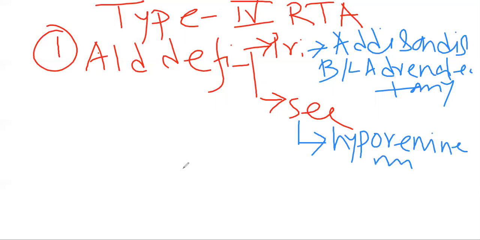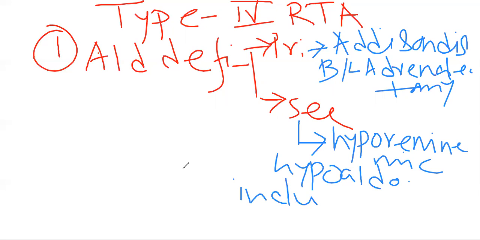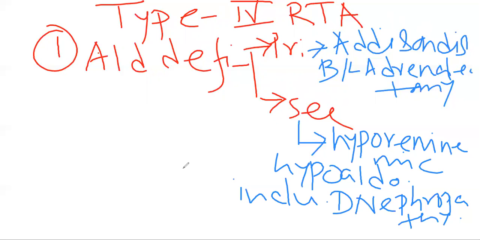Okay, so number one, it can be due to aldosterone deficiency. Number two, it can be an aldosterone resistance disorder.